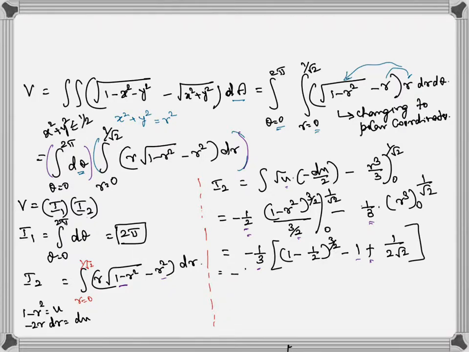Simplifying this, we get negative 1/3 times 1/2 to the power 3 by 2, which can be written as 1 over 2 radical 2, minus 1 plus 1 over 2 radical 2. Simplify that: negative 1/3 times 2 times 1 over 2 radical 2 minus 1. Simplifying further and taking the negative sign inside, we get root 2 minus 1 over root 2.